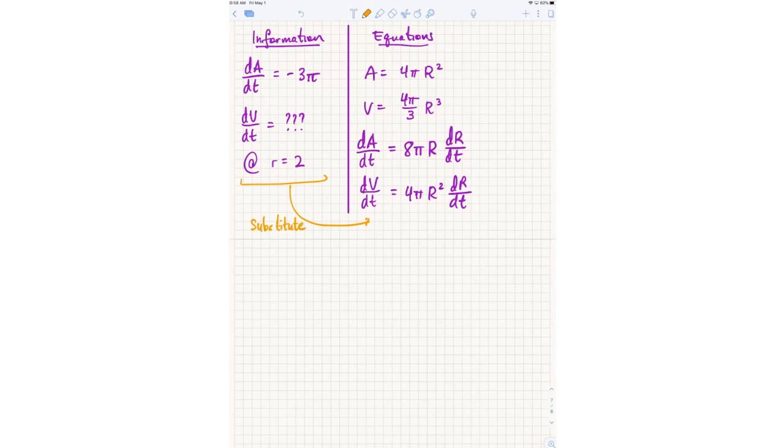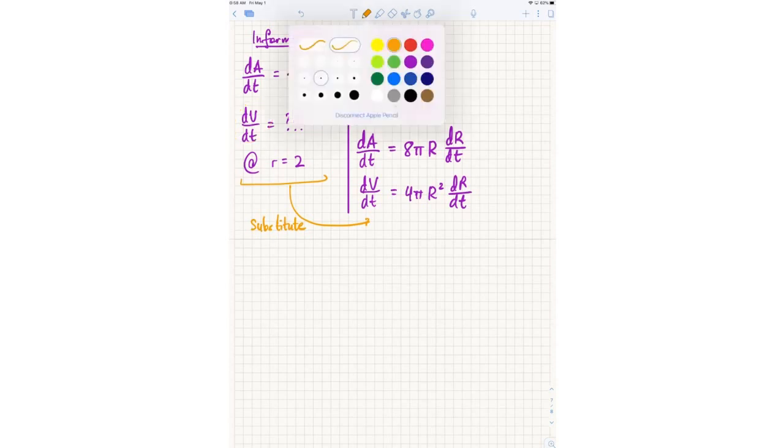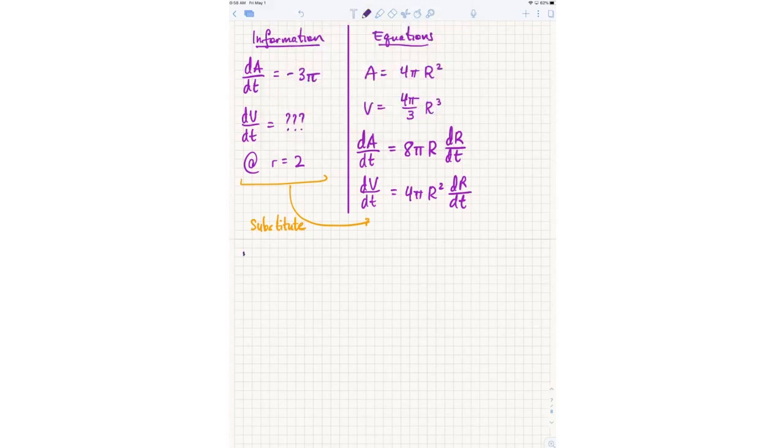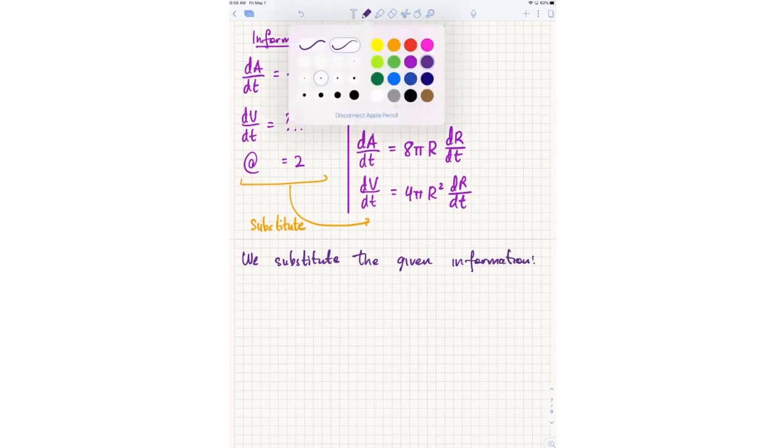We have to solve for dV dt, obviously, but as an intermediate step, we need to solve for dr dt. And this should be a capital R.